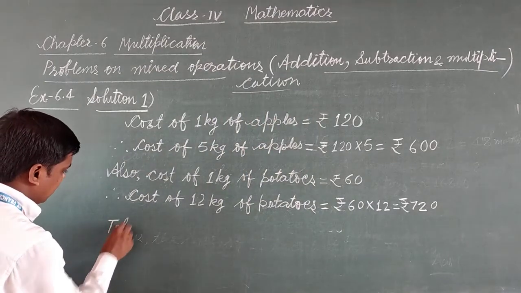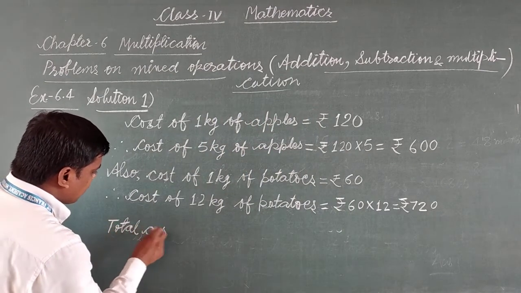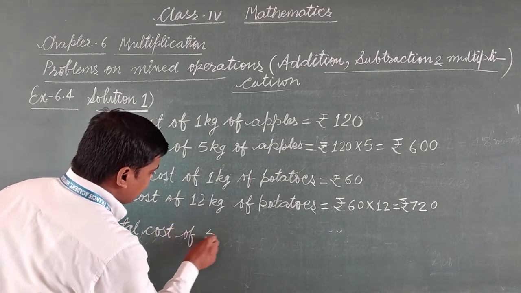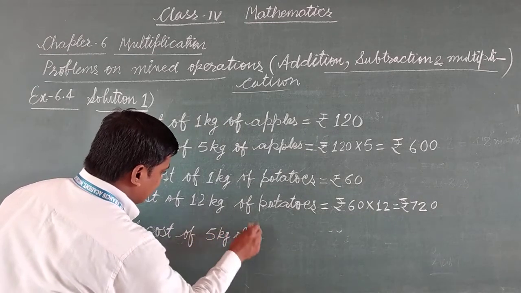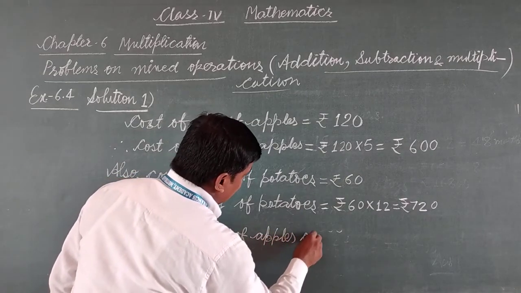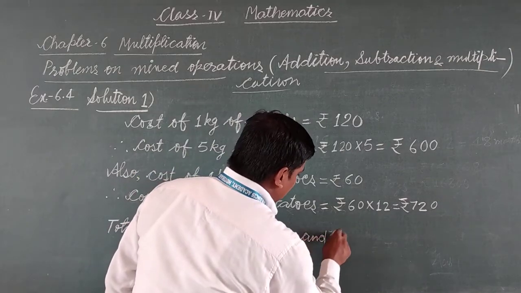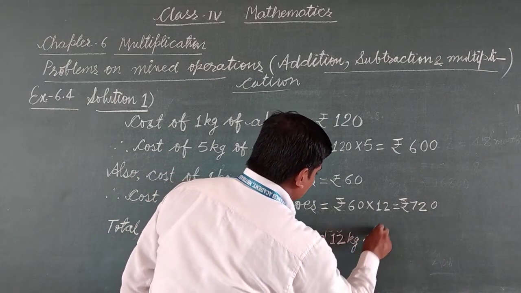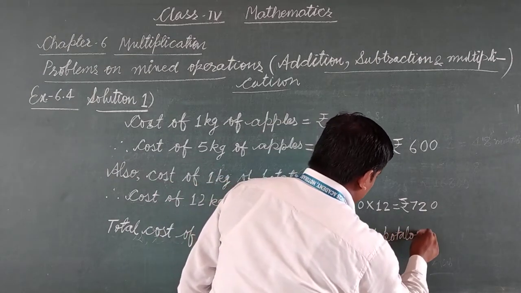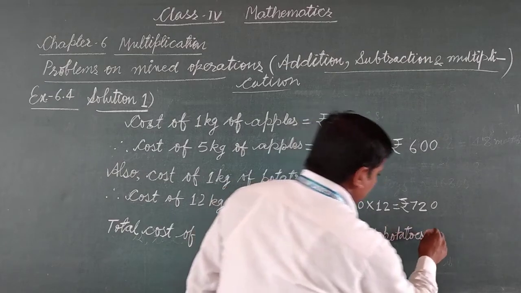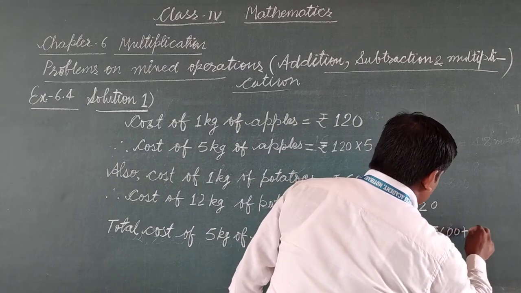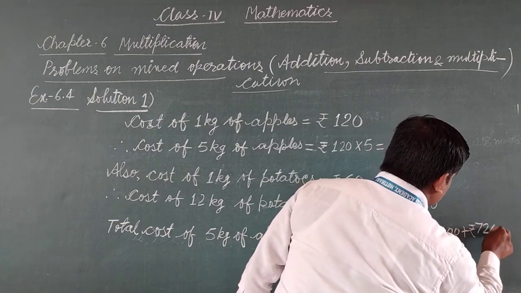Now total cost of 5 kg of apples and 12 kg of potatoes is equal to rupees 600 plus rupees 720.